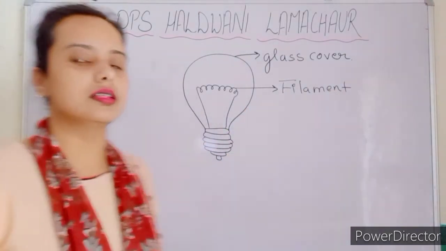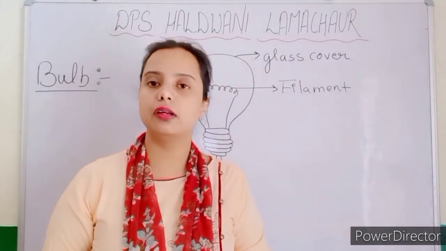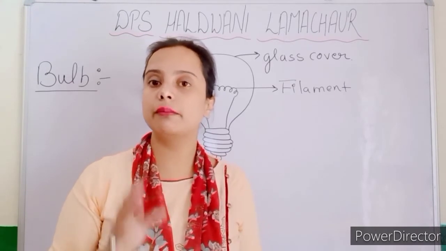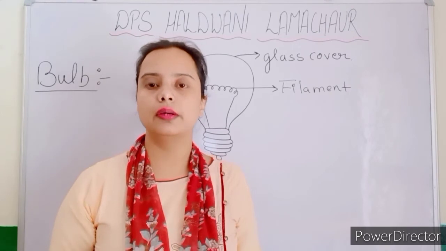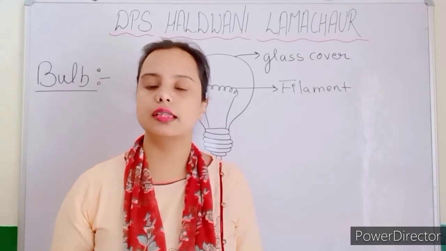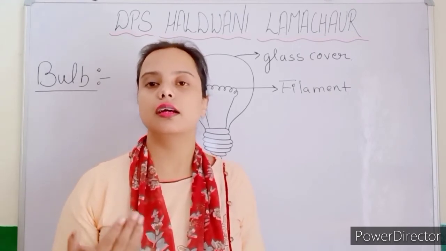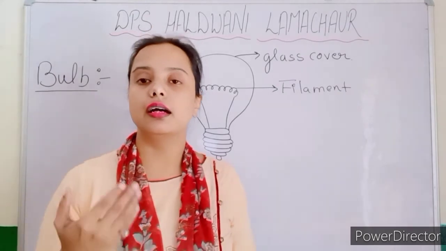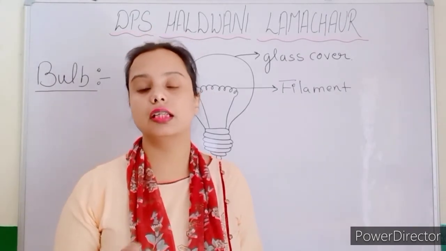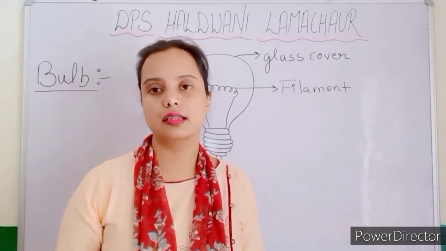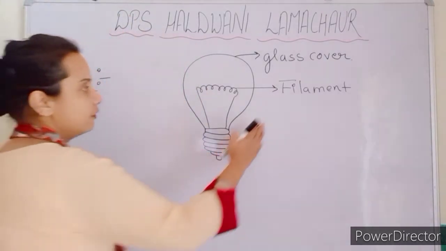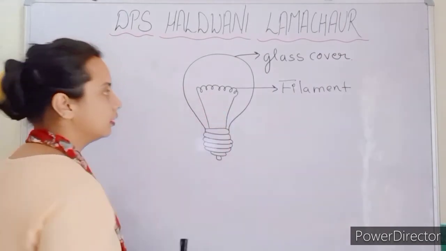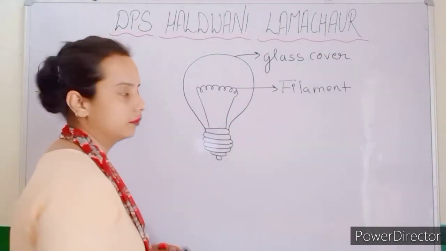If somebody asks what is a filament, a filament is a thin tiny wire, which helps in flowing the electric current. So what is a filament? A filament is a thin tiny wire.